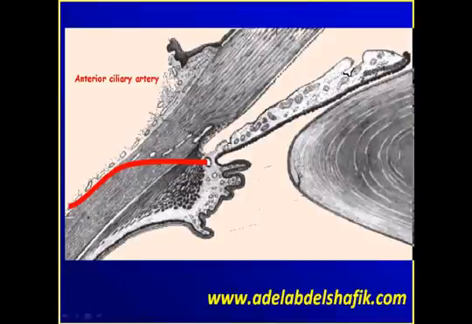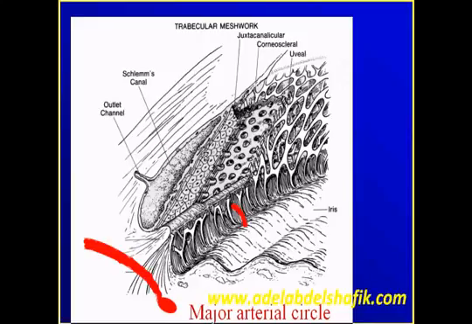And the third possibility, this anterior ciliary vessel. Imagine that it didn't penetrate here. It's a little bit forward here to reach the major arterial circle. So this part will be visible.